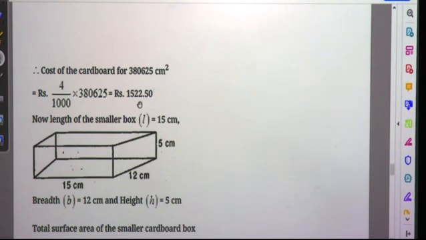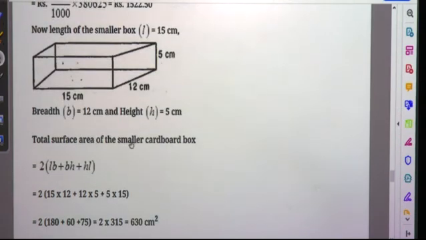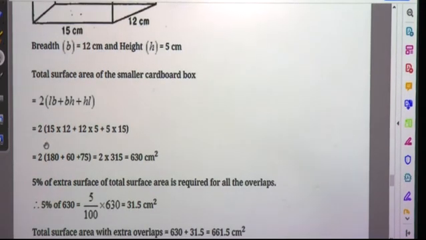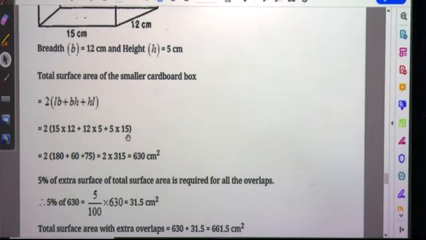Now, length of the smaller box is 15 centimeter, breadth is 12 centimeter and height is 5 centimeter. They are denoted in small LBH. So, total surface area of the smaller cardboard box is equal to 2 in bracket LB plus BH plus HL. 2 in bracket 15 into 12 plus 12 into 5 plus 5 into 15.